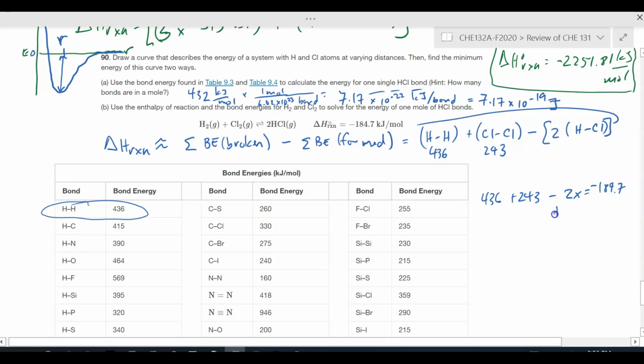So I would add 2X to both sides, and I would add 184.7 to both sides.